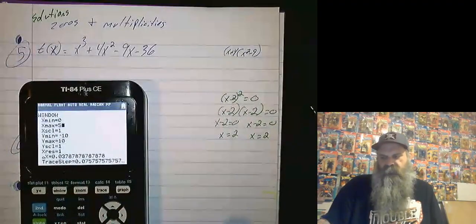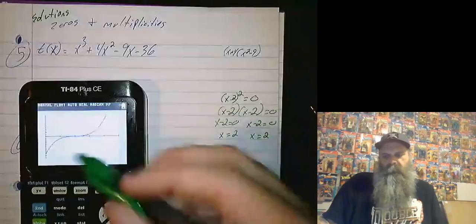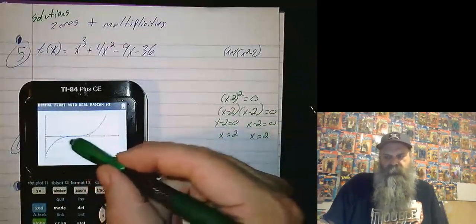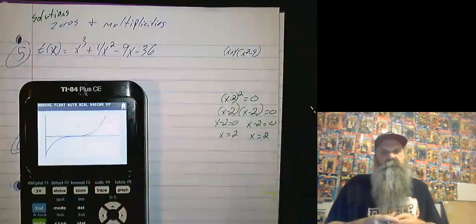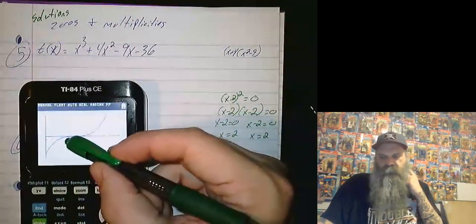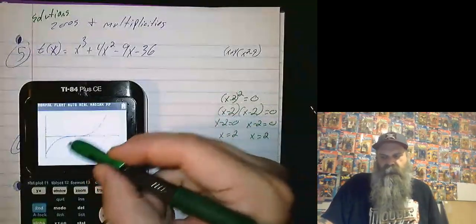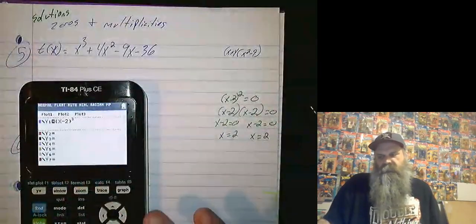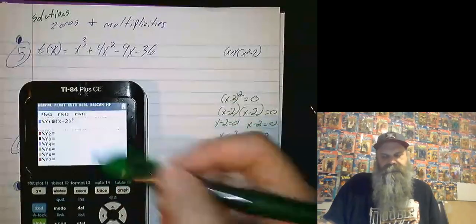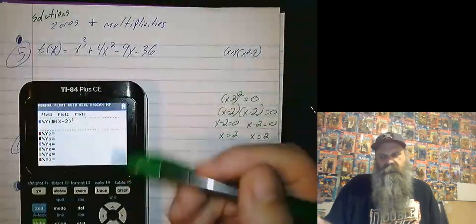Let's go to 0 and 5. There we go. It kind of flattens out as it gets close to the x-axis. And again, we could zoom in infinitely close to see some more separation there. But it's crossing the axis at 2. So an odd multiplicity crosses, an even multiplicity touches at that solution.